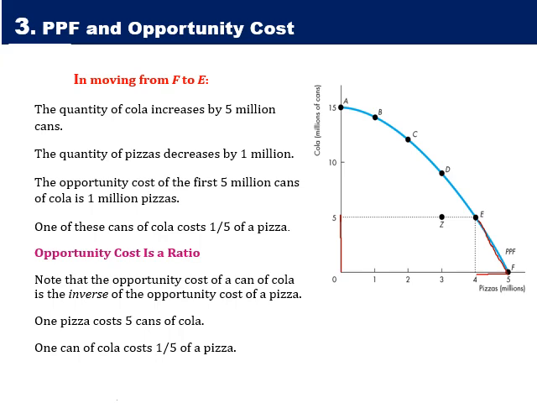And we should note that the opportunity cost of a can of cola is the inverse of the opportunity cost of a pizza. For example, moving between points E and F implies that one pizza costs 5 cans of cola, whereas 1 can of cola costs us 1/5 of a pizza. So each one is the inverse of the other.